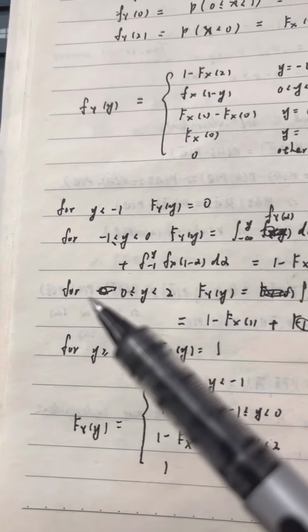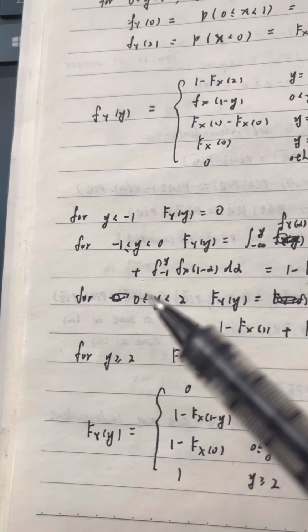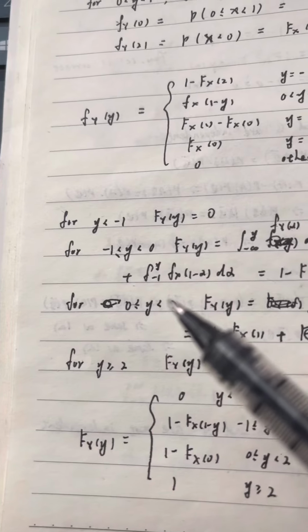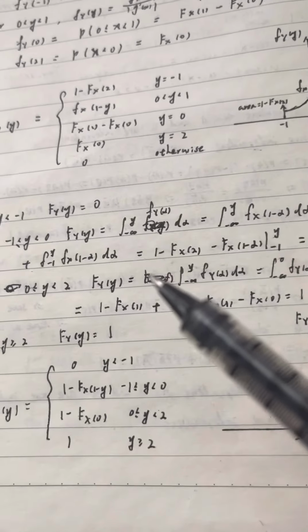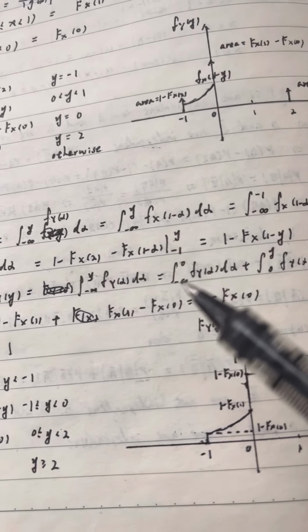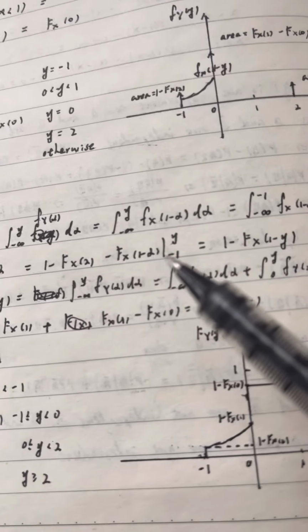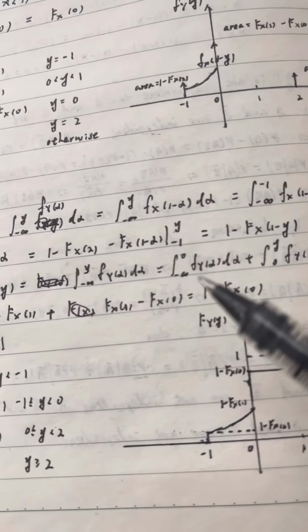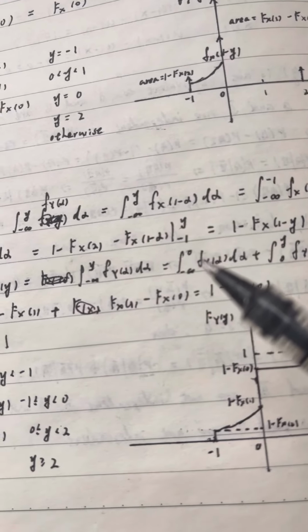And for y larger than or equal to 0 and smaller than 2, we still use the definition, and we still separate it into two parts. The first part is from minus infinity to 0.